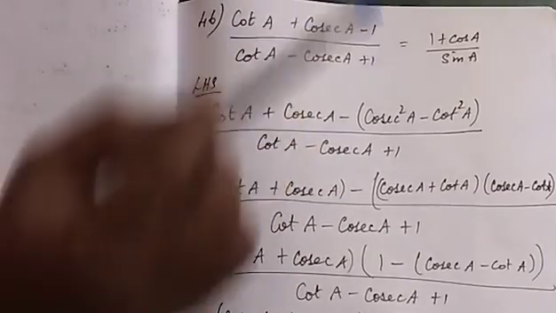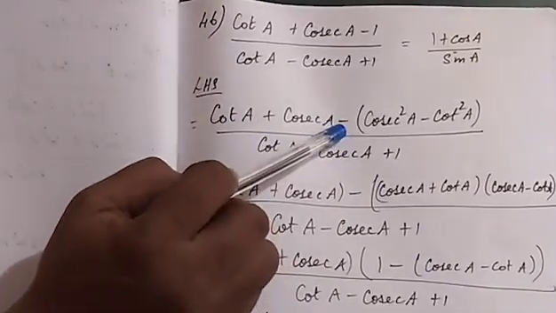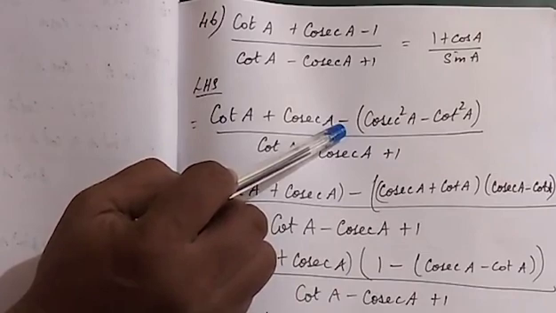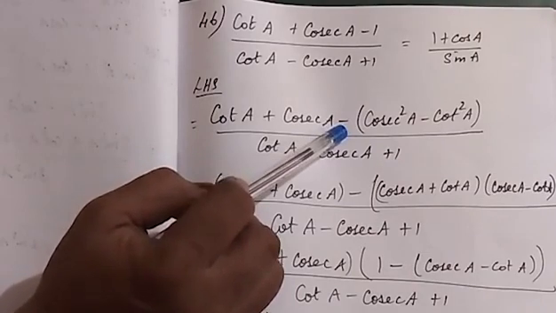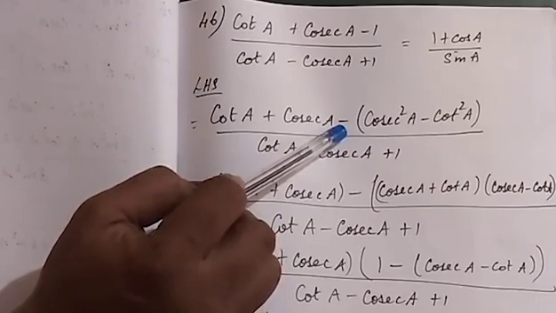Cot A plus cosecant A minus 1. So 1 means, you know, sin squared A plus cos squared A is equal to 1. Then secant squared A minus tan squared A is equal to 1. Cosecant squared A minus cot squared A is equal to 1. We are getting 3 values for 1 from the identities.